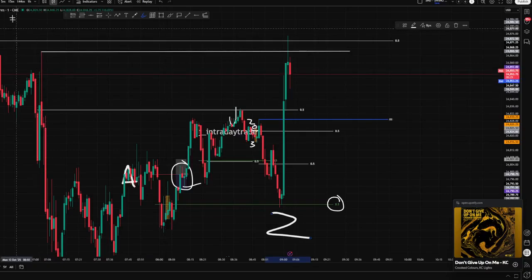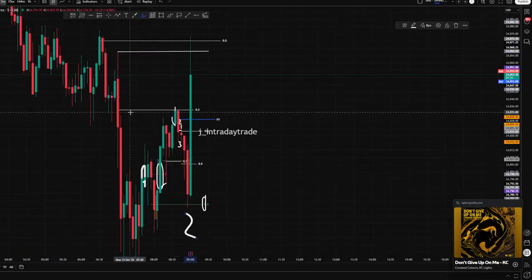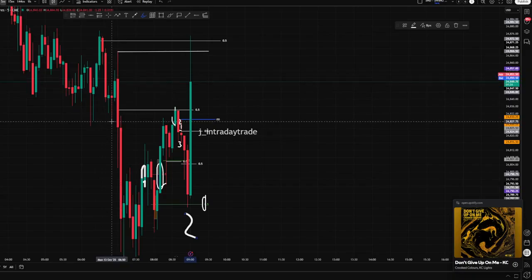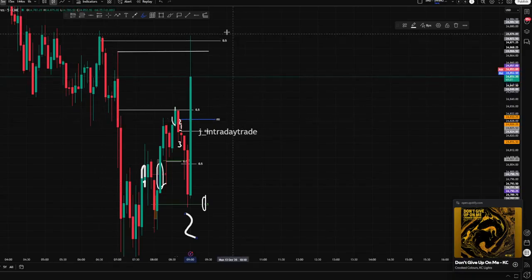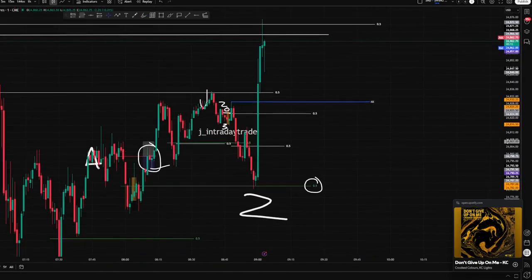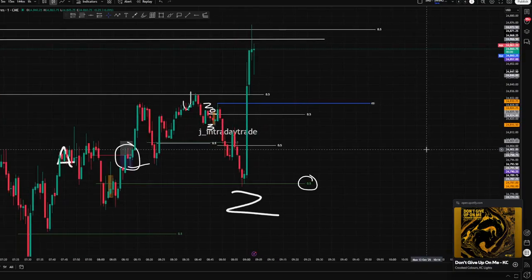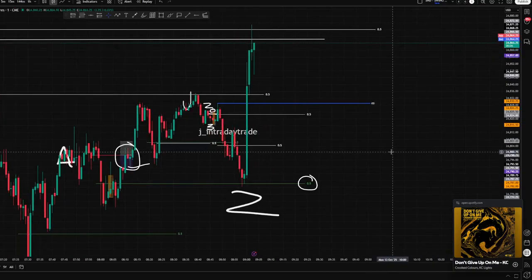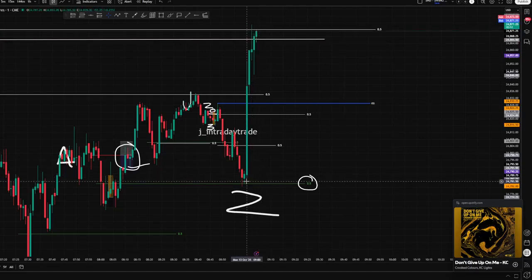Matter of fact, that looks to be a 5-minute tap in here as well. But again, this is something that I tended to use a whole lot when I was scalping.